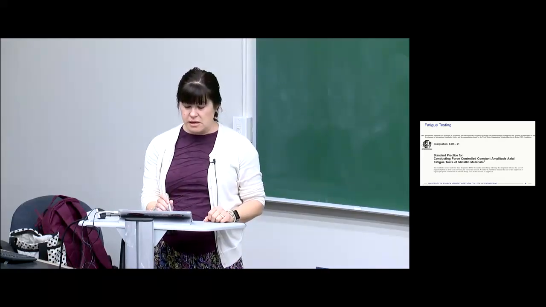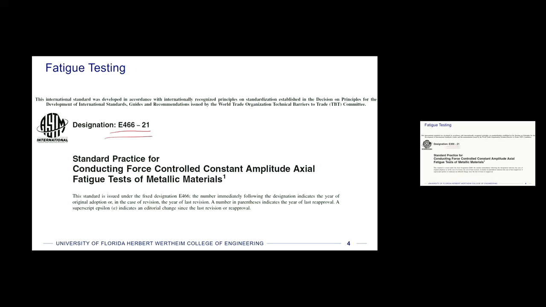So this one is E466, and it's called Standard Practice for Conducting Force-Controlled Constant Amplitude Axial Fatigue Tests of Metallic Materials. Okay? So this gives you an idea of what kind of materials it applies to, metallic ones. It does not say ferrous, non-ferrous.